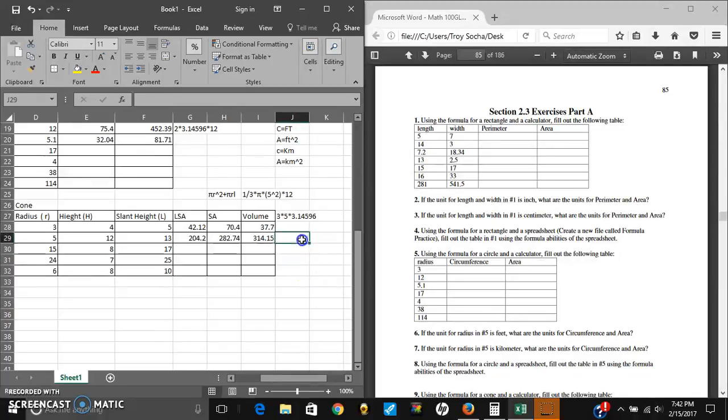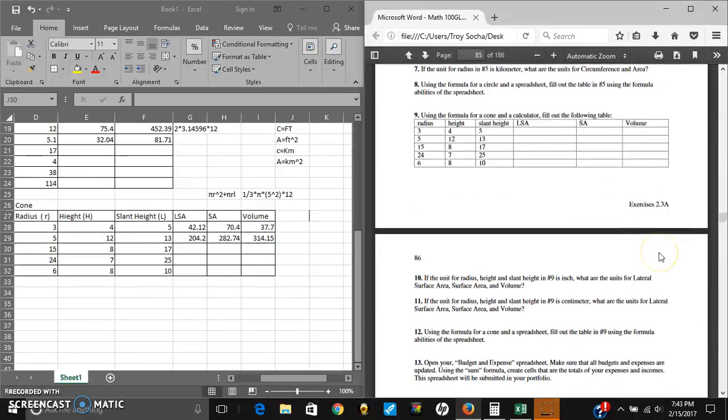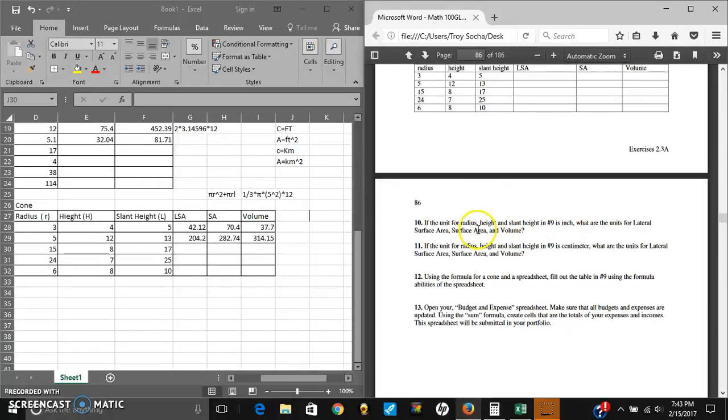Alright, now this one is different because we've got a third dimension that we're dealing with. Because we're doing a cone, it wants to know lateral surface area and volume.